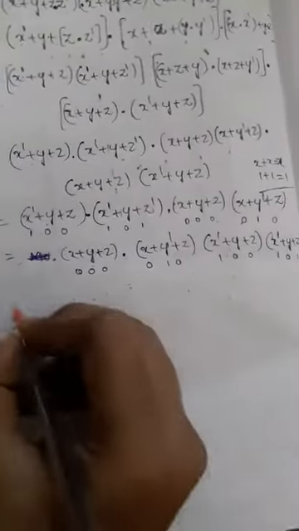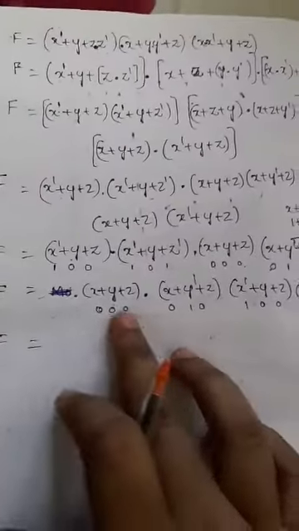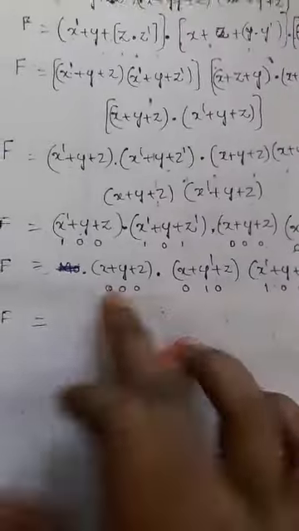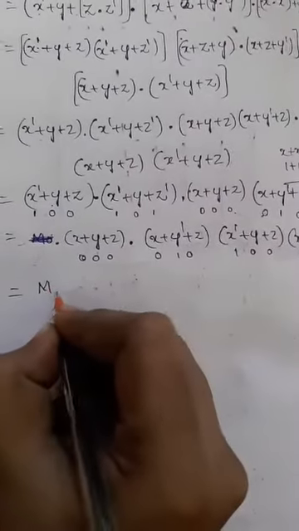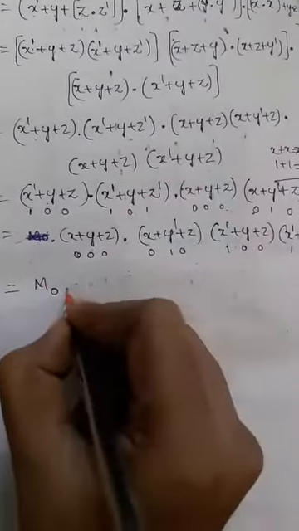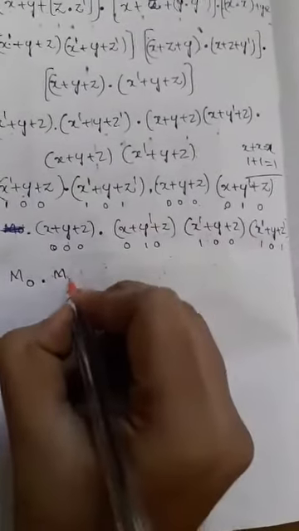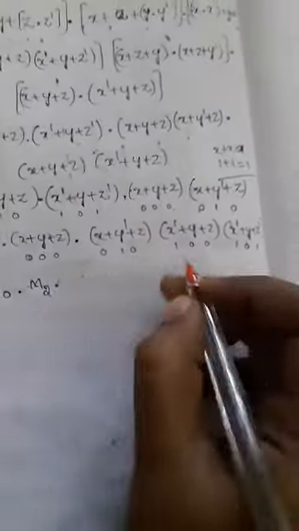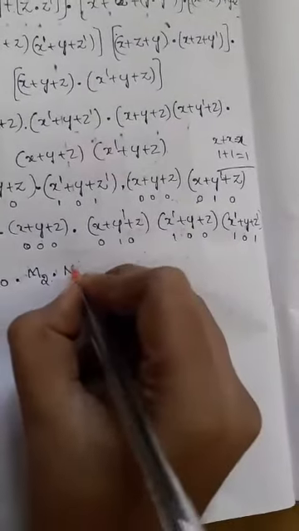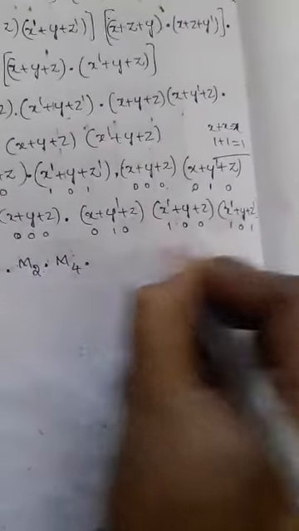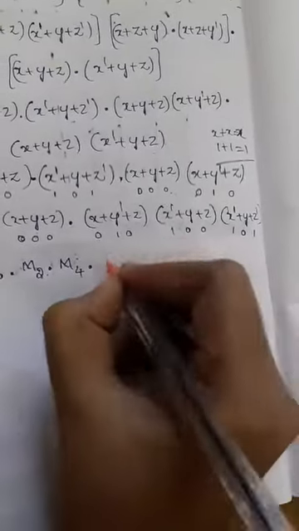Now write the maxterm values, that means the designation values. Triple zero is designated as M0, next 0 1 0 is M2, 1 0 0 is M4, and 1 0 1 is nothing but M5.